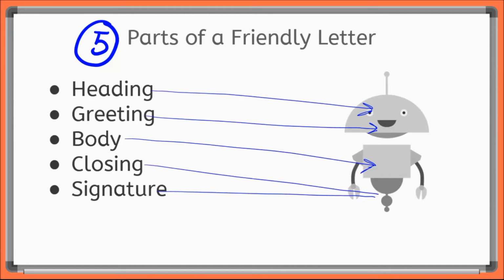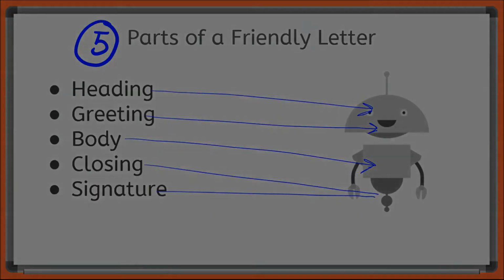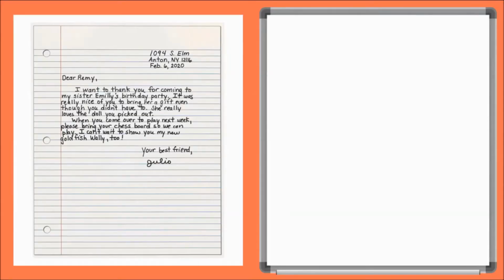Now, let's take a look at a letter and see together these 5 parts. Here, you will find a friendly letter written by Golio to his friend Remy. And now, before you start, you have to remember the 5 parts of writing a letter.